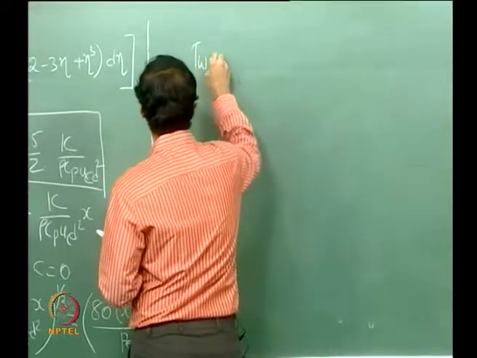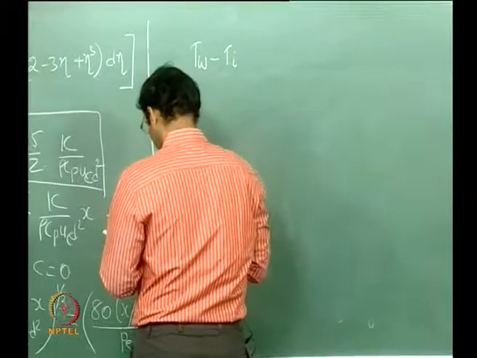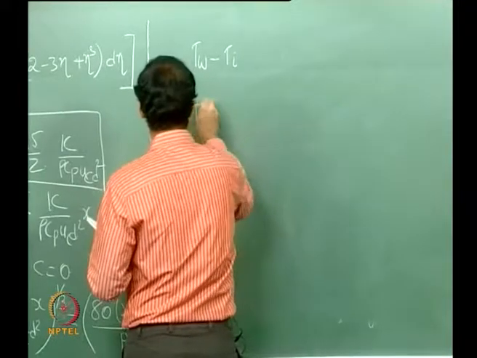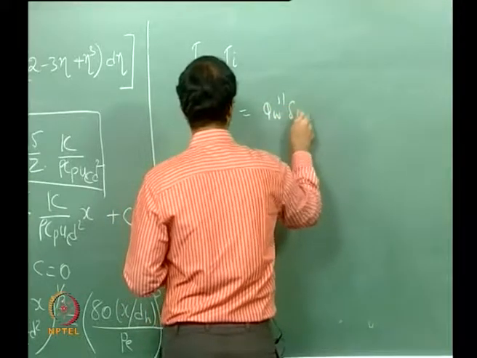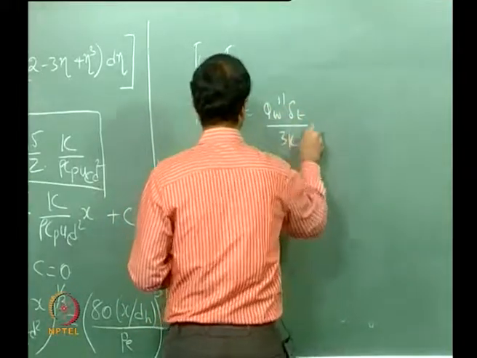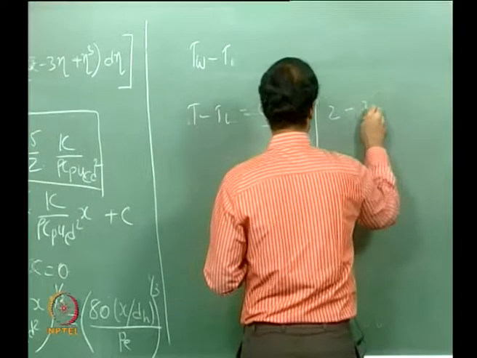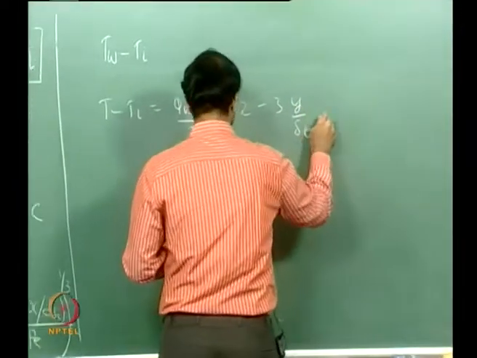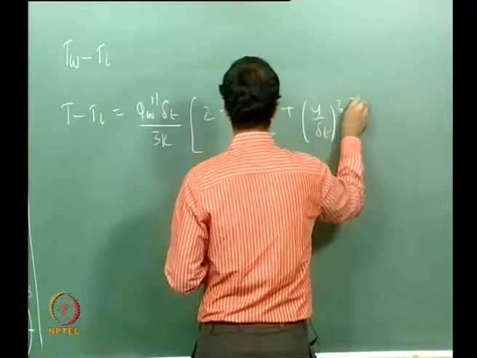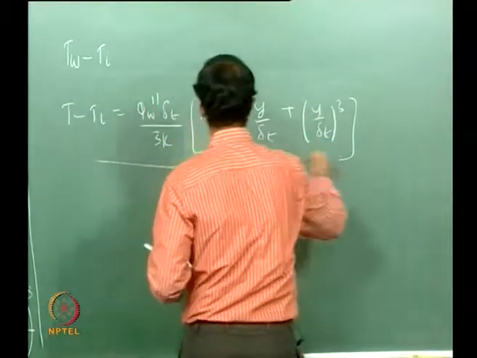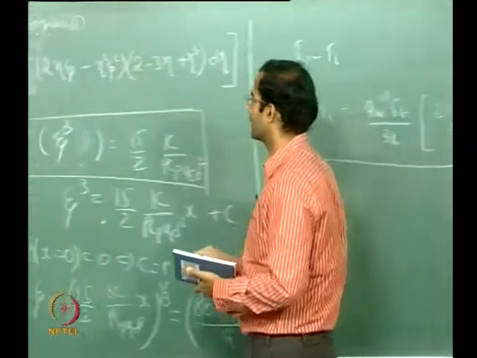I can calculate my, of course I think I struck off my T minus Ti, I will write it again. So this was my temperature profile, the cubic temperature profile.